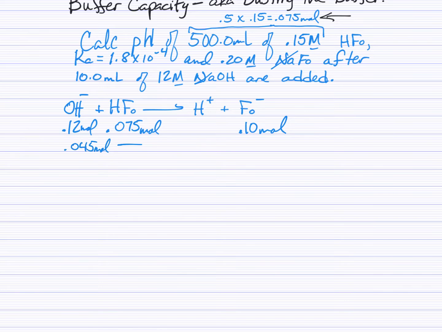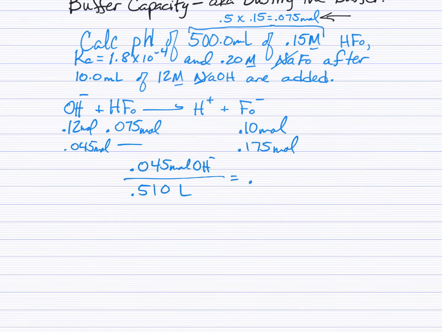Now, that 0.075 also came over here and reacted and made 0.175 moles of the formate, but we have a strong base in hydroxide and a weak base in the formate ion. So now what's going to control my pH is this 0.045 moles of OH minus that's sitting in 0.510 liters.